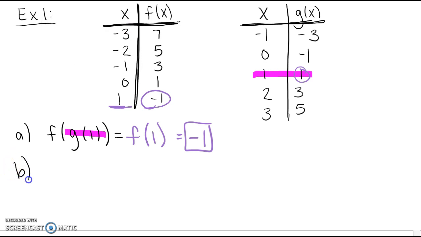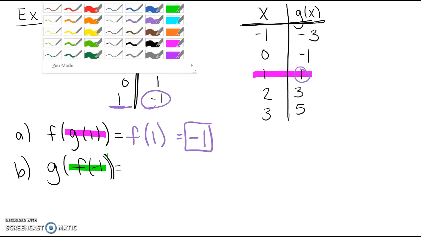B, G of F of negative 1. So for this one, we are going to look at F of negative 1 first. Oops, I forgot parenthesis. Okay, so F of negative 1, I'm going to go to F of X. When it's negative 1, what is Y?